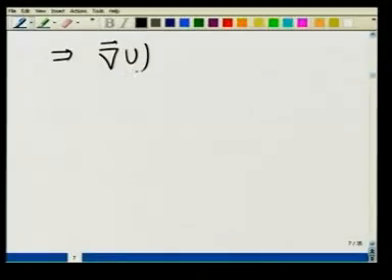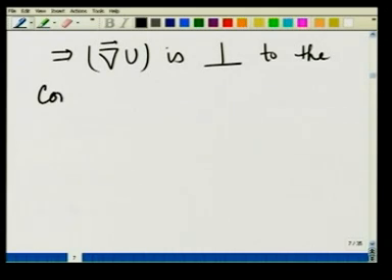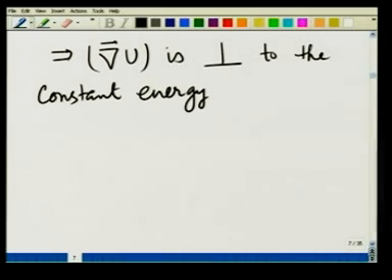All right, and this implies that gradient of u is perpendicular to the constant energy. When I say energy, I mean potential energy.